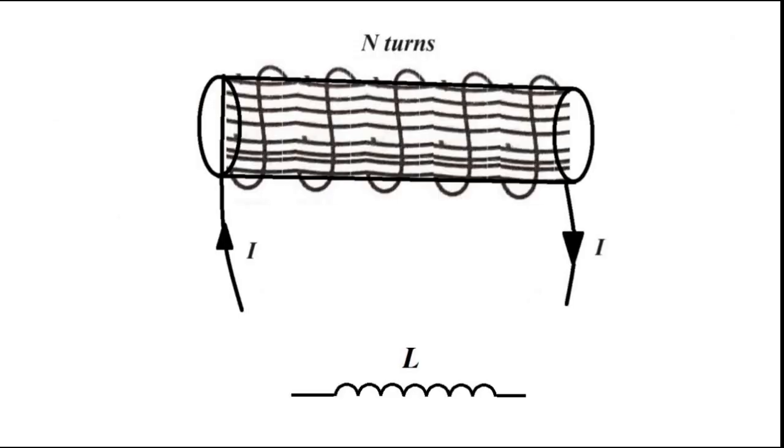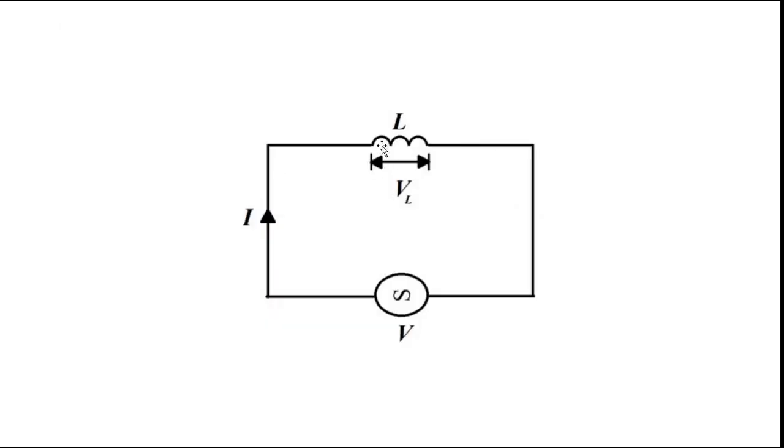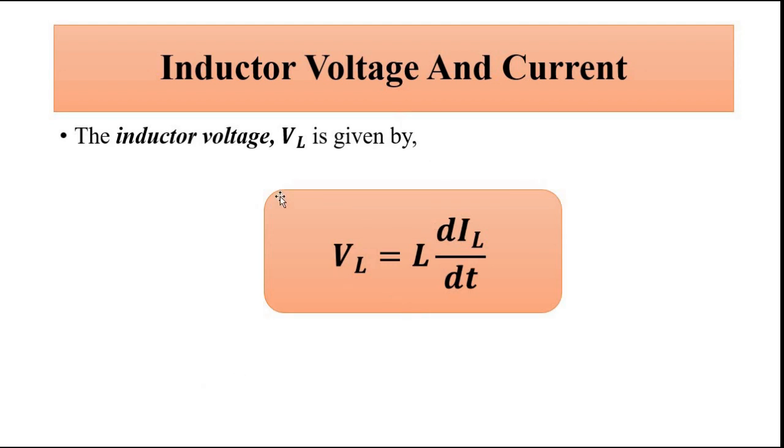Next, suppose we have an inductor connected to a voltage source, and a current flows through it. The inductor voltage, as we have discussed previously, is the self-induced EMF: the voltage across the inductor VL is equal to L dIL by dt, where IL is the current flowing through the inductor.